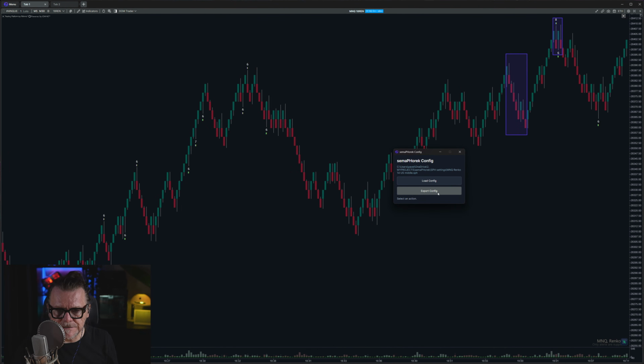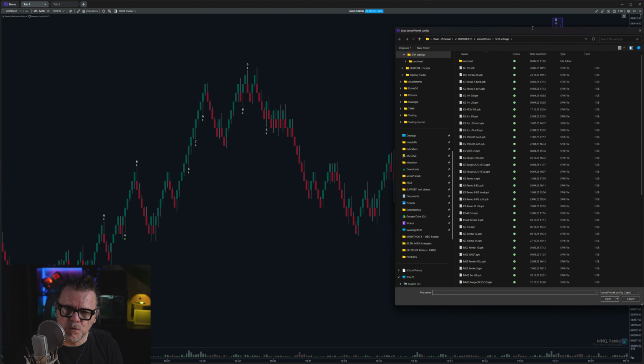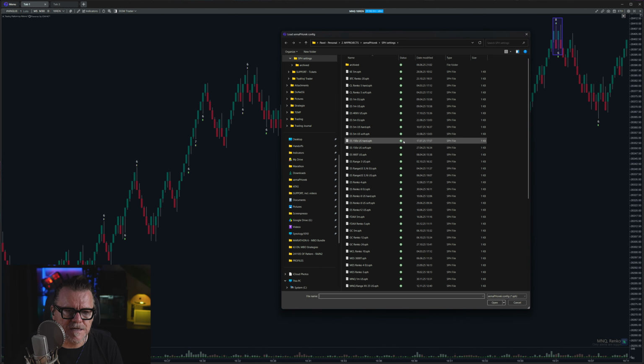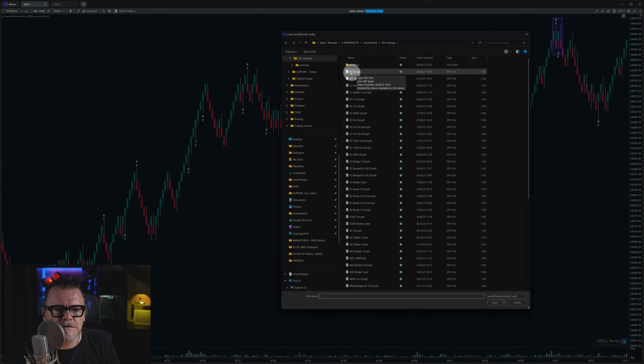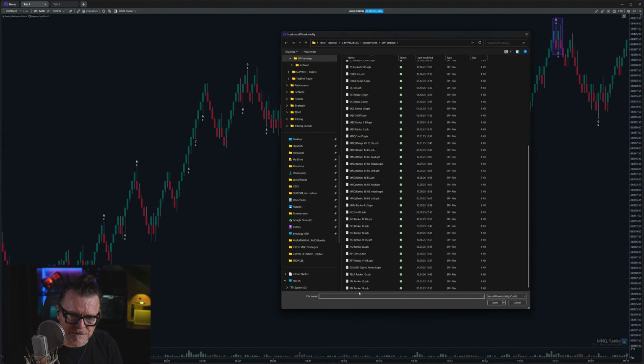When you set the settings, you can export them and use them next time, send them to the community, to your friends, or to your other computer. So you can transfer the settings, or you can load them. When you click load, you can load these settings. It starts with 6E, which is euro, and it ends with YM, which is Dow Jones.